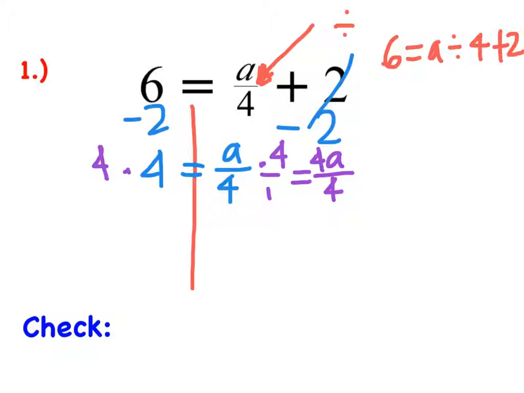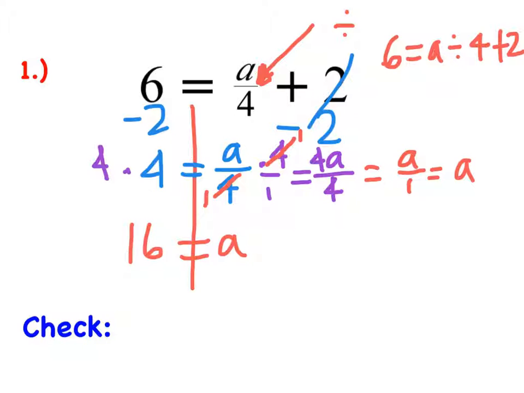However, remember when we're cross-canceling, we can cancel out a factor of 4 from the top and a factor of 4 from the bottom to leave behind a factor of 1. So this is actually the same as 1a over 1, or just a. So when I'm starting with a over 4 and I multiply it by 4, the result is just a. On the other side, I have 4 times 4, which is 16.